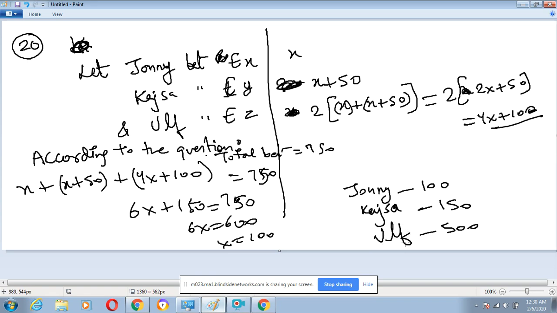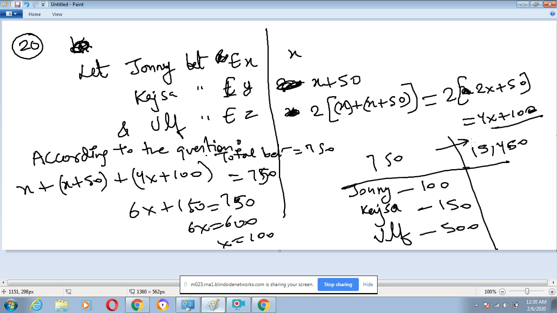So okay, this is your answer for 750. Now the answer for 15,450: from 750 to 15,450 I have to multiply by how much?